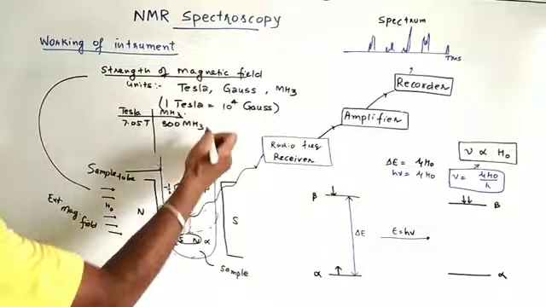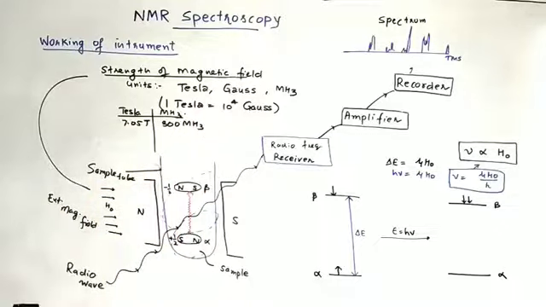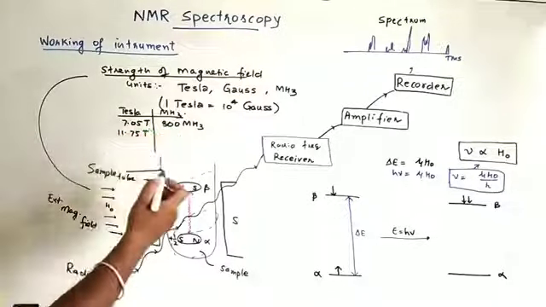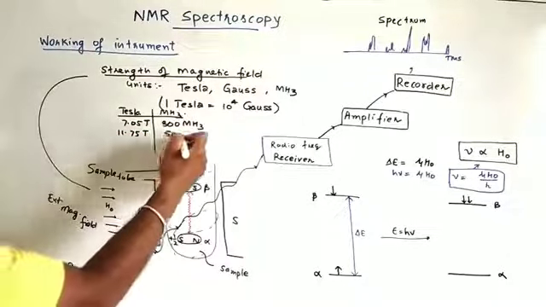There are various instruments like 300, 500, 700, 900 megahertz, and you can compare the corresponding field strengths from here.